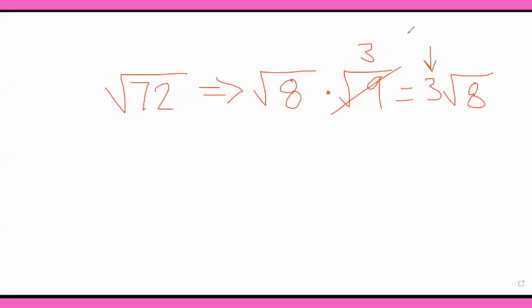So for this one, I know 8, I could think about that. I know the 8 is 4 and 2. So that's square root of 4, square root of 2. Well, I know square root of 4 is 2. So that's how we also end up with 6 square roots of 2.